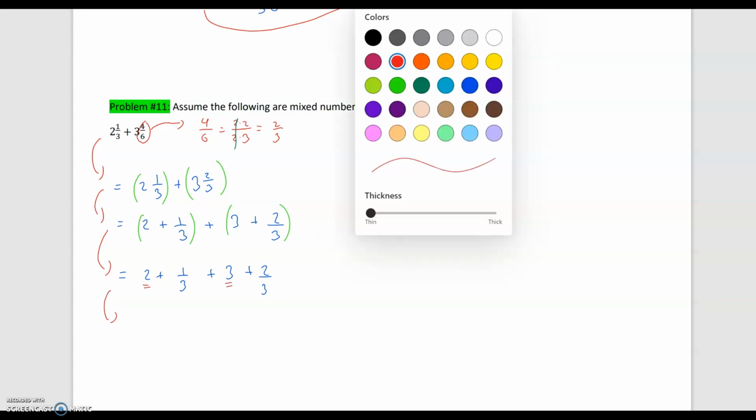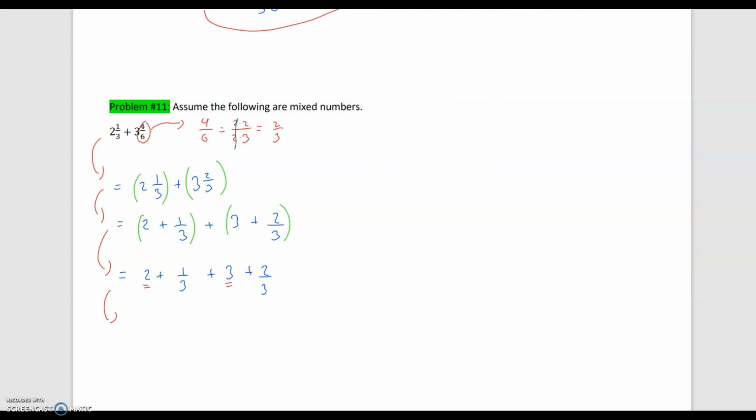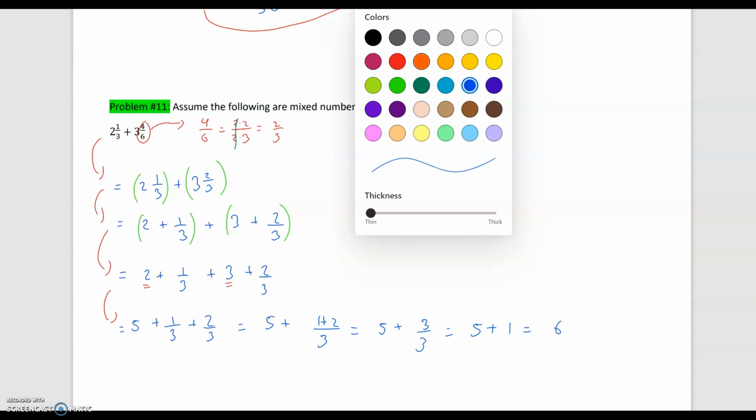So this will be 5 plus 1/3 plus 2/3. And this is actually great because we're going to end up with an integer. So this is 5 plus 1 plus 2/3, or 5 plus 3/3, which is 5 plus 1, which is equal to 6.